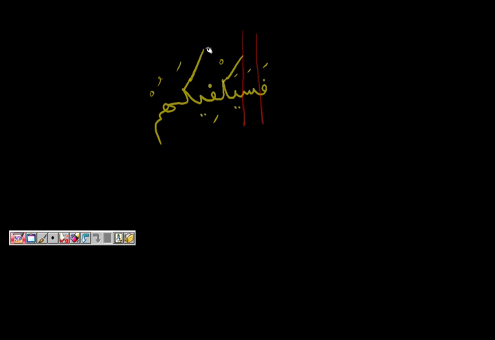Then we have yakfi. Yakfi, it's enough, it's sufficient. From kifaya, enough. The word kafi is from the same root. That's enough or sufficient. Yakfi, to be sufficient. Ka is the direct object. And then hum is what's known in Arabic as the second direct object.